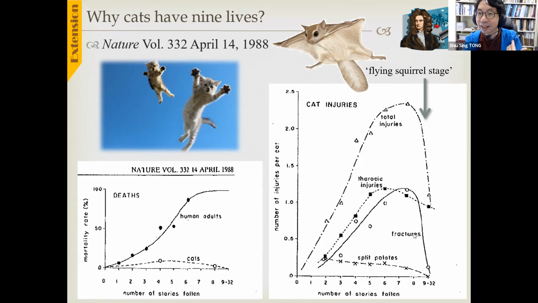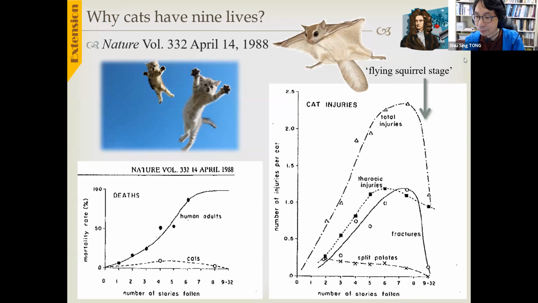That's why if you go beyond 6 or 7 stories high, the fatality rate and also the injury rate for cats will be a little bit lower. Okay, so that is an interesting thing to know. That is a statistic published in 1988 in the renowned journal Nature.